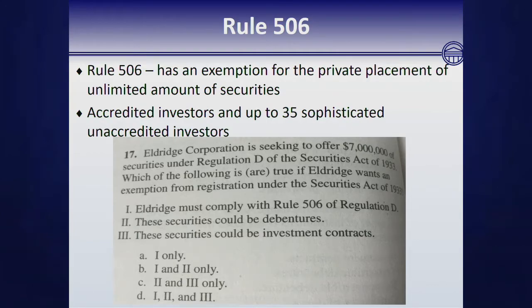Which of the following is or are true if Eldridge wants an exemption from registration under the Securities Act of 1933? 1, Eldridge must comply with Rule 506 of Regulation D, and the answer is yes. 2, these securities could be debentures, and that's true. And 3, these securities could be investment contracts, and that's true also. So your answer to this one would be D.